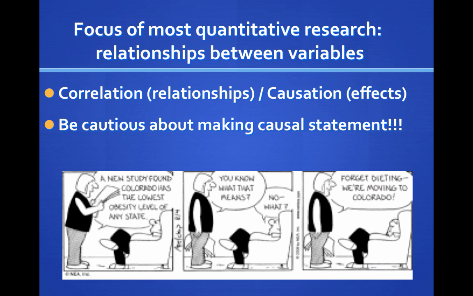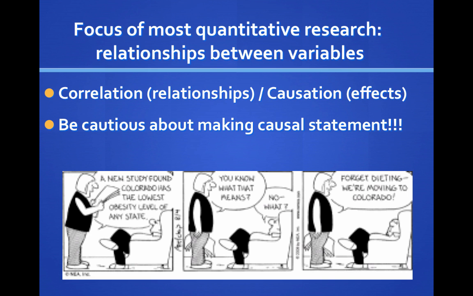So she's sort of making this conclusion that literally crossing the border into Colorado, you don't even have to worry about anything else related to addressing obesity. Once you cross that state line, you'll start having lower levels of obesity.